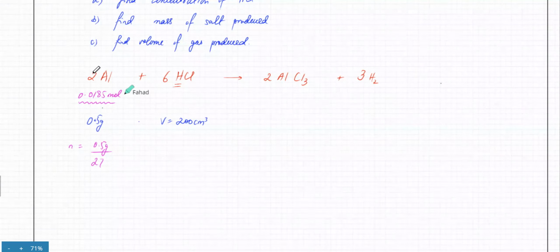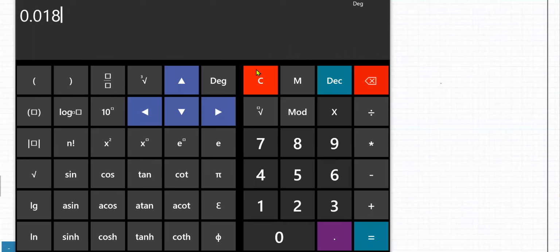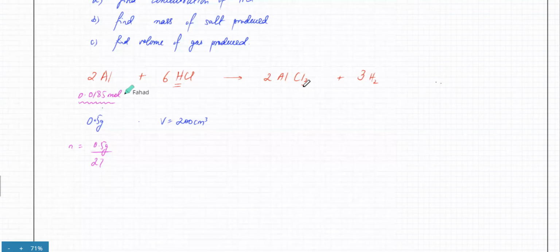So that gives me, let's do that. 0.0185 times 6 and then divided by 2. So it gives me 0.0555 moles. Similarly, I can find the moles of AlCl3.